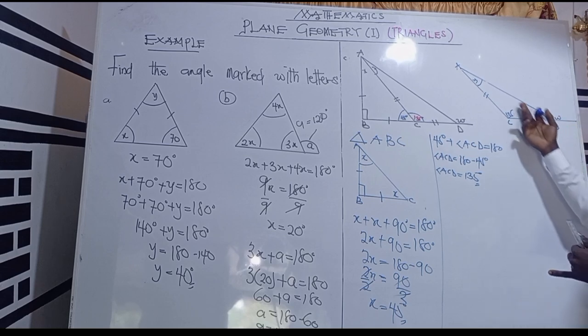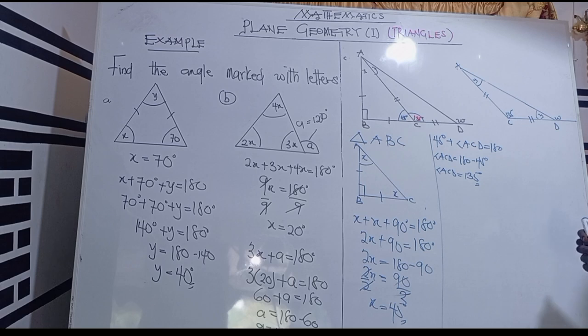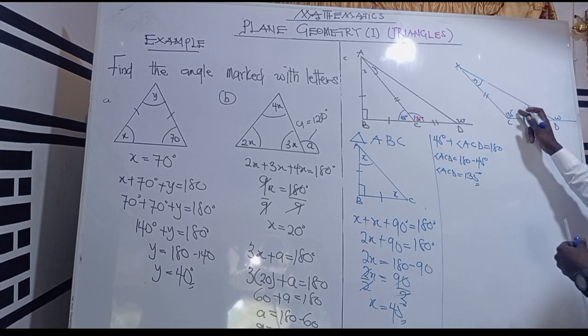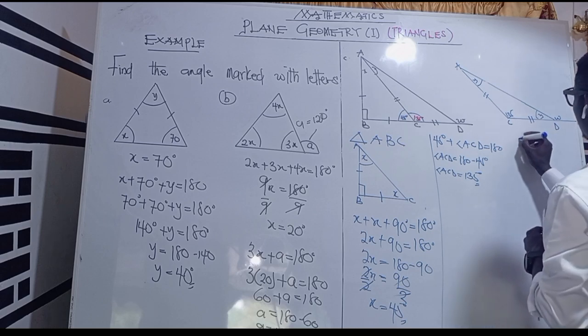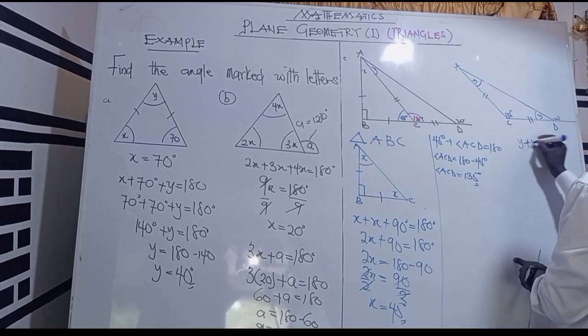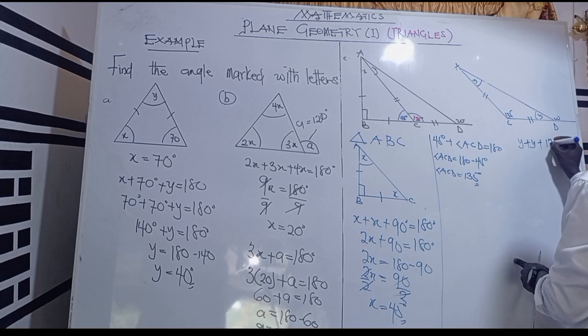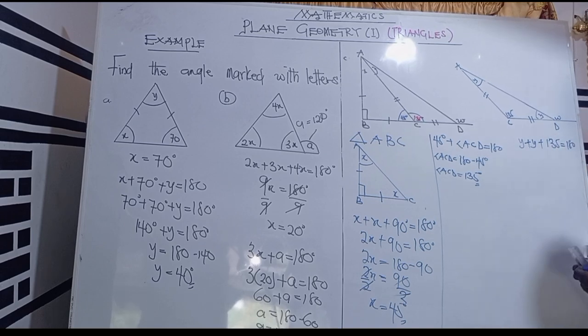So using the sum of interior angles of a triangle, we can say that this angle plus this angle plus this angle should give us 180. So we have y plus y plus 135 is equal to 180 degrees. I hope you are following. Good.